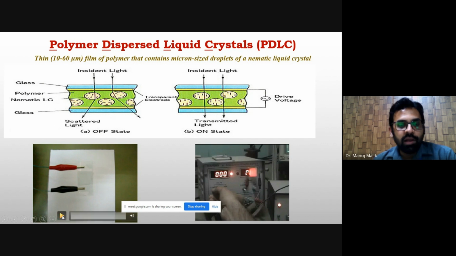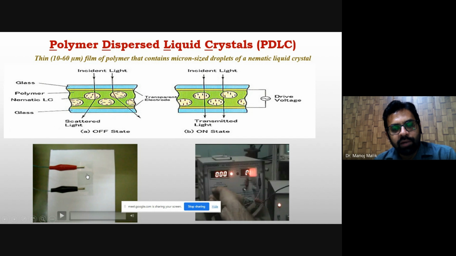I have, sir, two videos of the films that we have prepared in the laboratory. So over here, we can see this is a film, which is a liquid crystal PDLC composite film. Over here, the electrode pins are applied to this part of the glass plate, forming the lower electrode, and this black pin is clipped to the top part of the glass plate, forming the upper electrode.